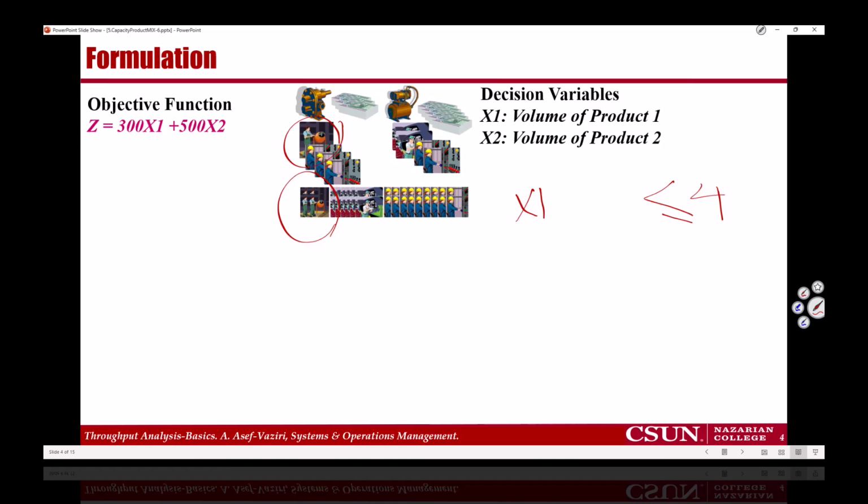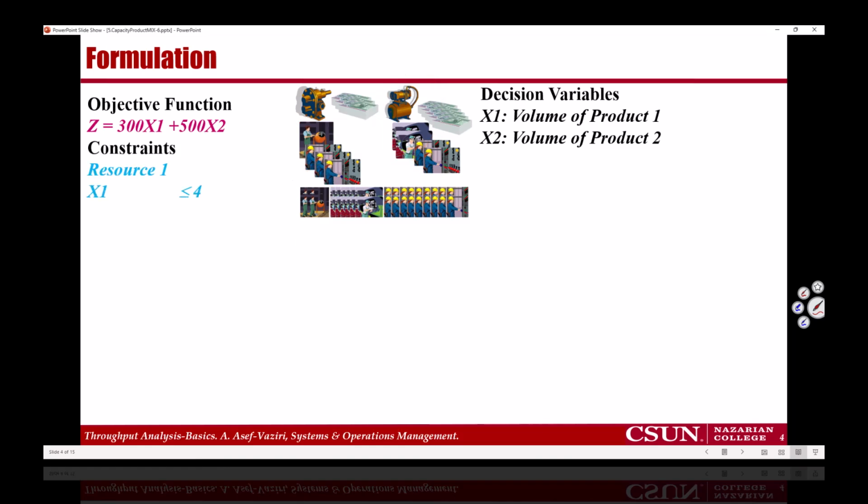This is constraint 1 related to resource 1. Regarding resource 2, for each unit of product 2, I need 2 units of resource 2. For X2 units of product 2, I need 2 times X2, which should be less than or equal to 12.